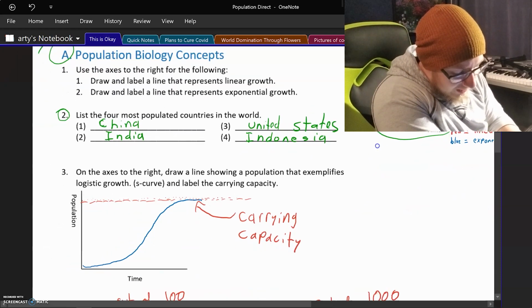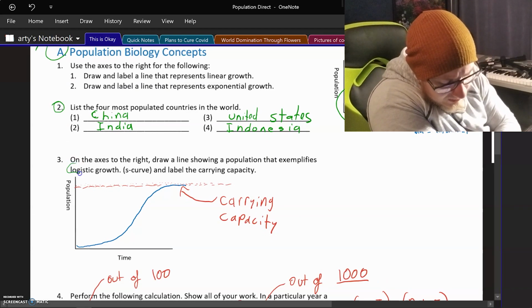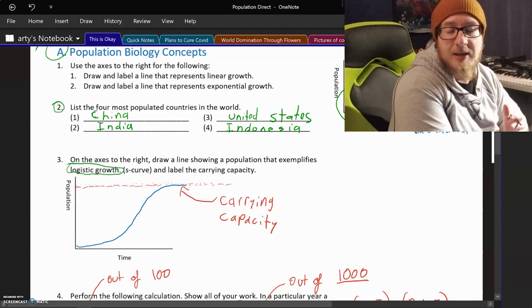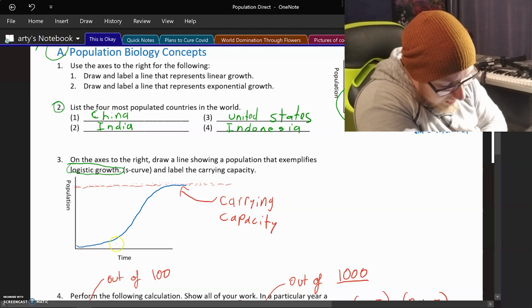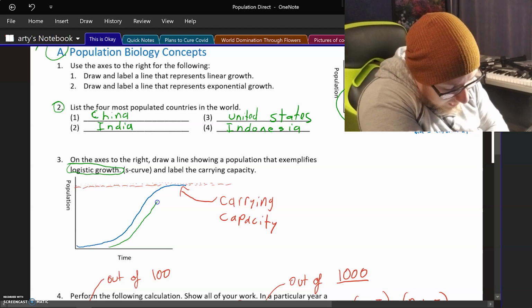So now let's finally get into logistic growth. And logistic growth is the most commonly occurring type of growth we'll see in ecosystems and in natural systems. We have this period of slow growth followed by a rapidly increasing population.